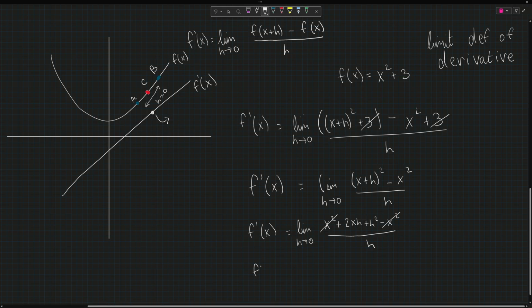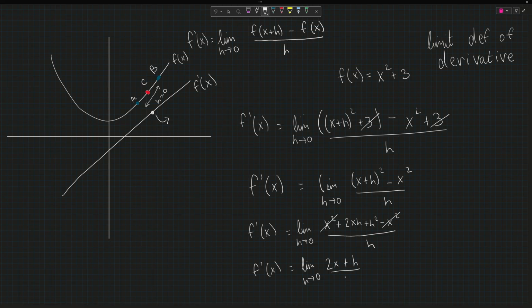So what we'll have is f prime of x equals the limit as h approaches 0 of 2x plus h over 1. Now we don't have the problem of putting a 0 into the h and having a 0 over 0 anymore.